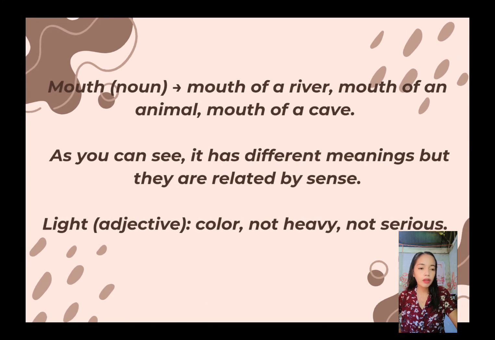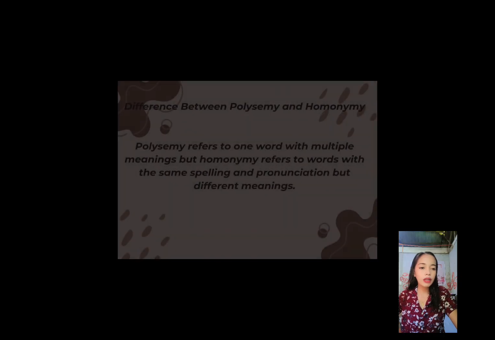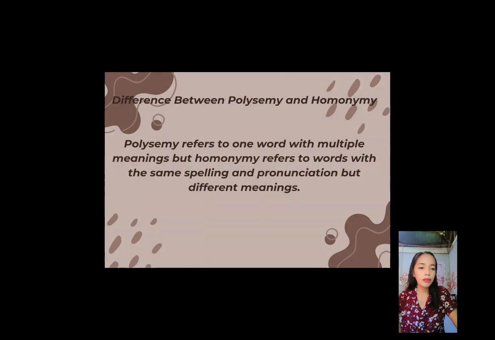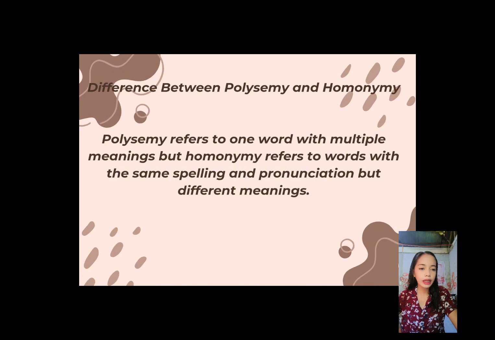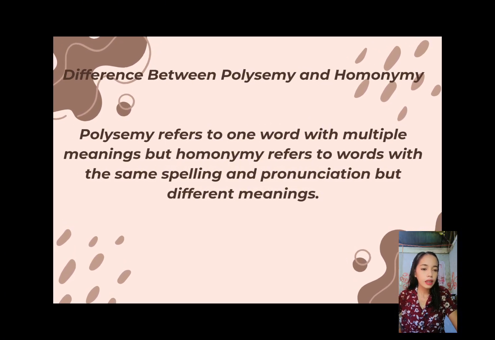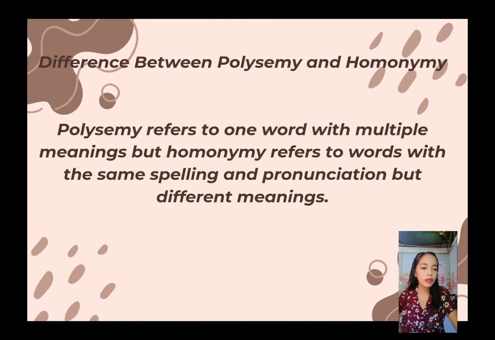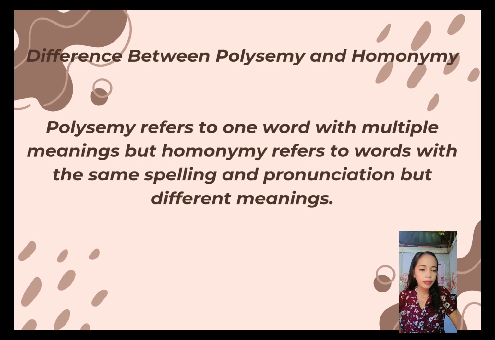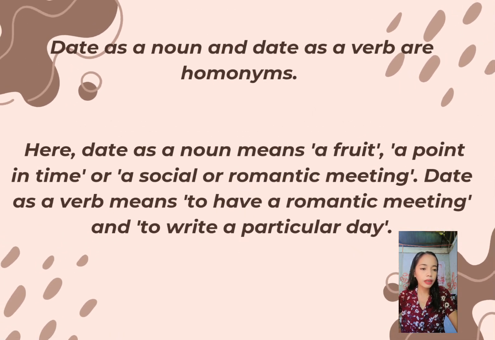Light, adjective: color, not heavy, not serious. Difference between polysemy and homonymy: polysemy refers to one word with multiple meanings, but homonymy refers to different words with the same spelling and pronunciation; polysemous words must stem from the same word class.